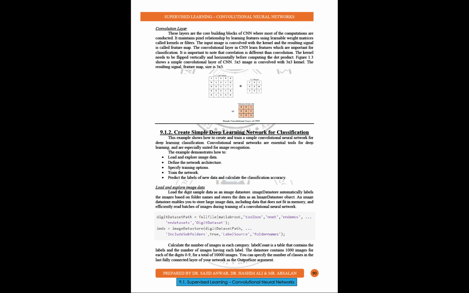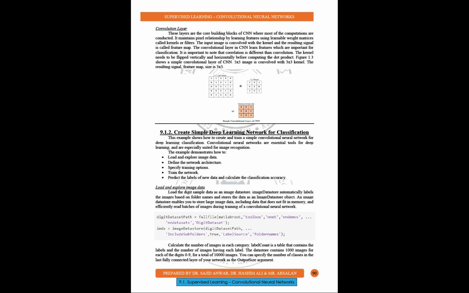Okay, so what is the convolution layer? The convolution layer is basically the core building block of a CNN, where most of the computations are conducted. It maintains pixel relationships by learning features using learnable weight matrices called kernels or filters. The input image is convolved with the kernel, and the resulting signal is called a feature map. The convolutional layer in a CNN learns features which are important for classification.